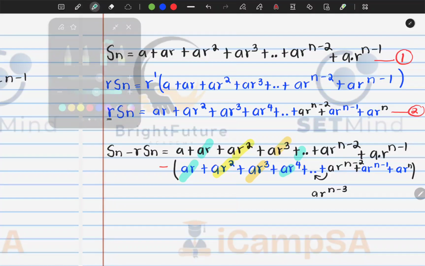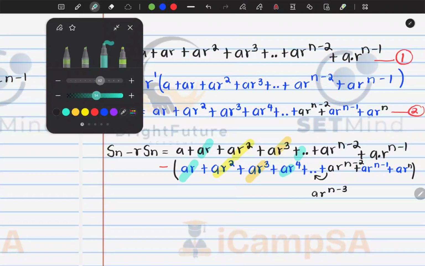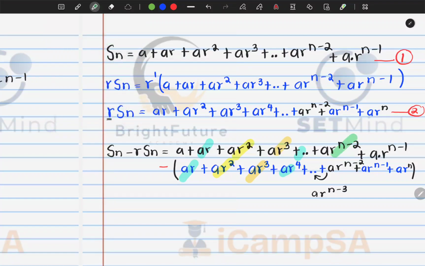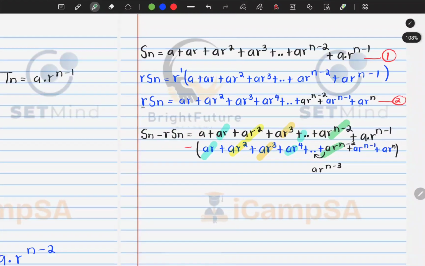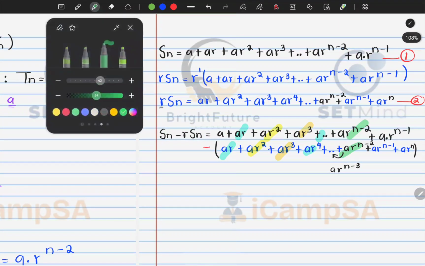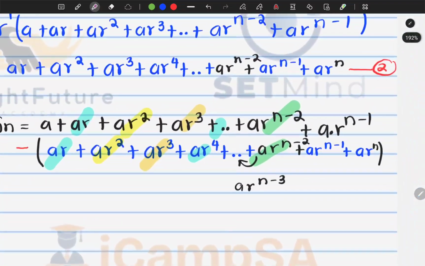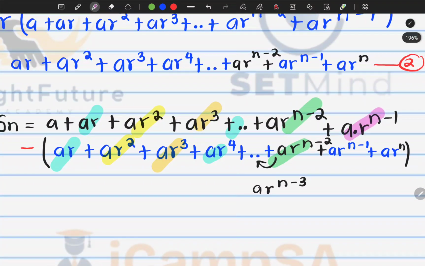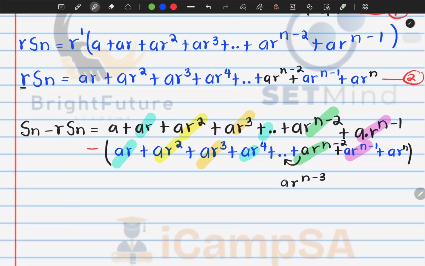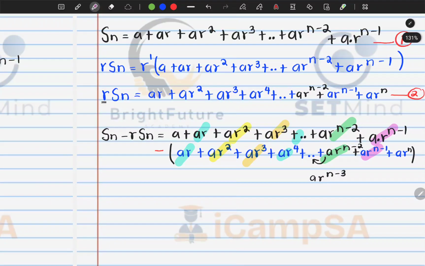Okay. And if you observe now that we have put in that term, you will see that we will have cancellation between this and this. And then we also have further cancellation, and that cancellation will also be between this and this term. So if you observe carefully, we have something that is left now, which is Sn minus R Sn.